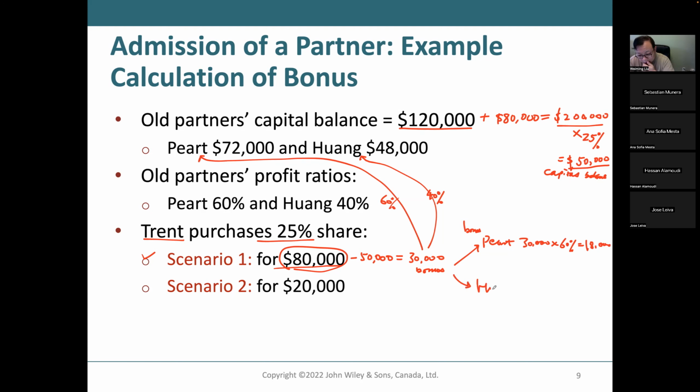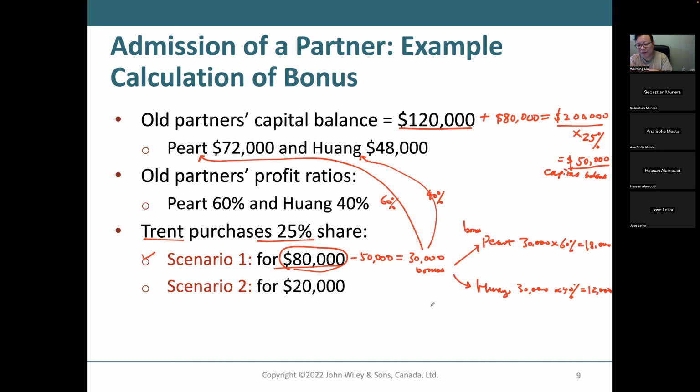For Huang, 30,000 times 40%, so that's 12,000. Okay, so that is what happened.